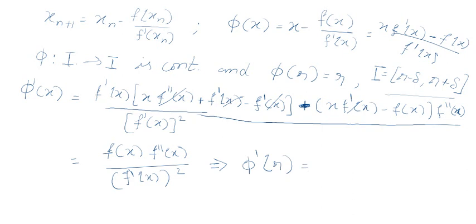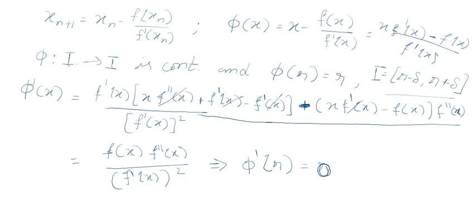If you evaluate at r, phi dash of r is 0 because f of r is 0. So the first derivative of phi at r is 0.